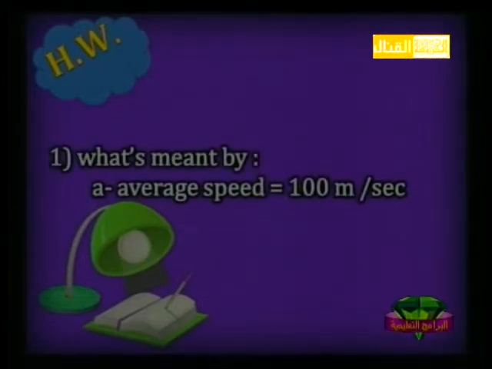Now fly to the homework. I'm sure a lot of students don't like the homework, but take care, my dear. The homework helps us to know how you can answer and understand the lesson. Question number 1. What is meant by average speed equal 100 meters per second?